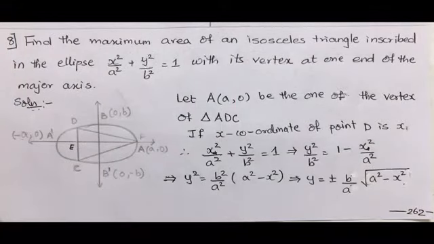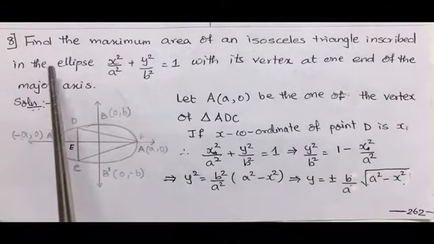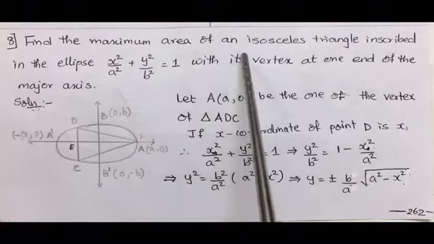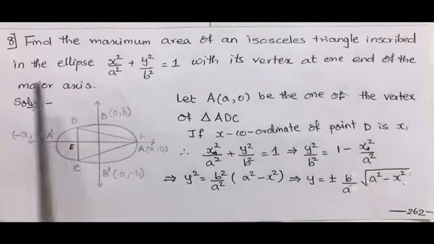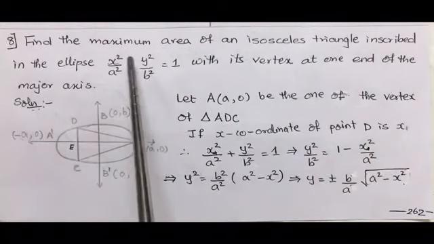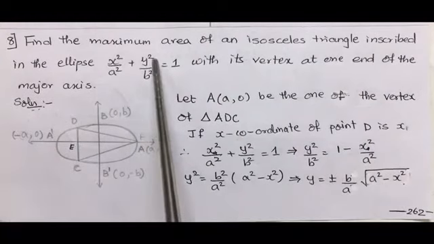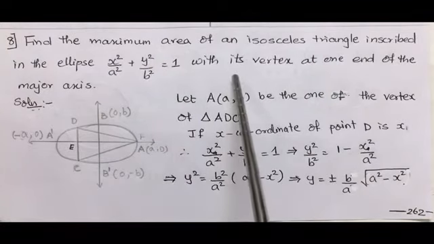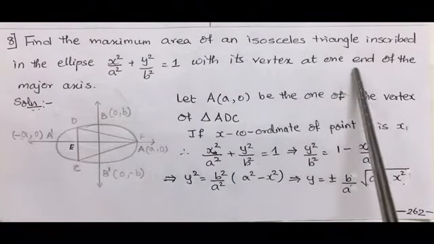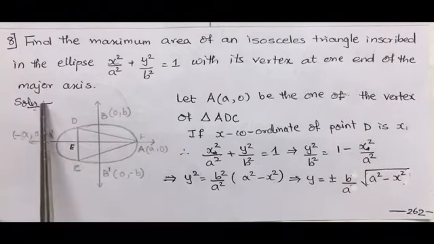Eighth one is: find the maximum area of an isosceles triangle inscribed in the ellipse x square upon a square plus y square upon b square equal to 1, with its vertex at one end of the major axis.